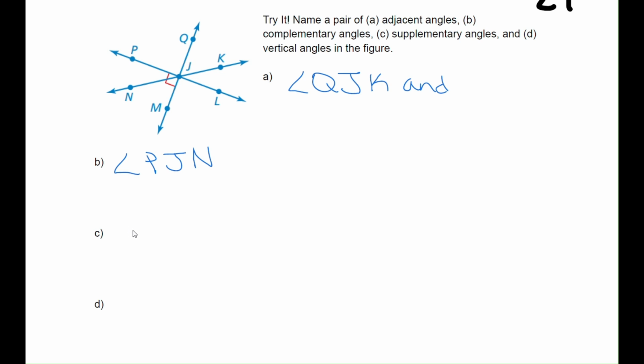For supplementary angles, let's say I had angle QJK again. And for our vertical angles, let's say I had angle LJM.